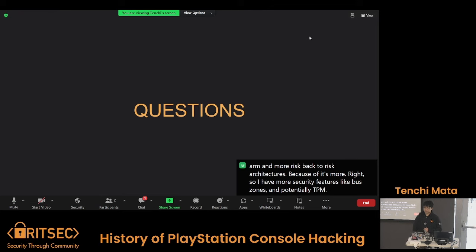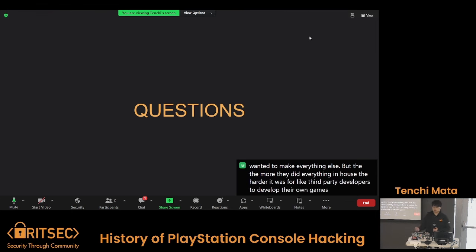What was the original idea for PlayStation to switch back to x86? So I think RISC architectures were really popular back in the day, and everybody wanted to make everything in-house. But the more they did in-house, the harder it was for third-party developers to develop their own games.